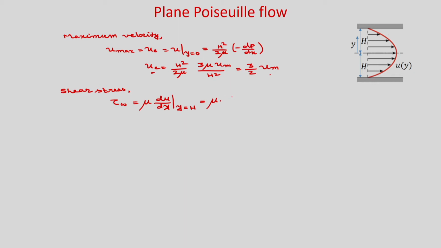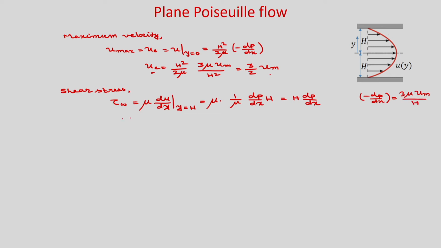So, you will get 1 by mu dp by dx into h at y equal to h. So, you will get h into dp by dx, and minus dp by dx is 3 mu by h.